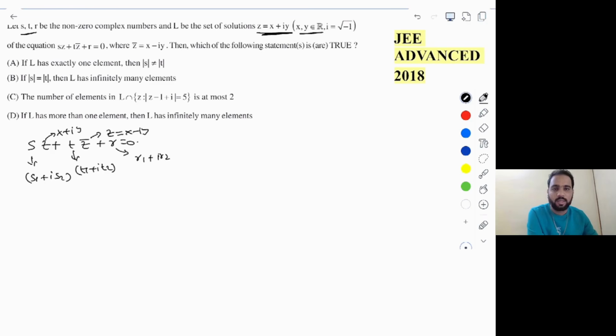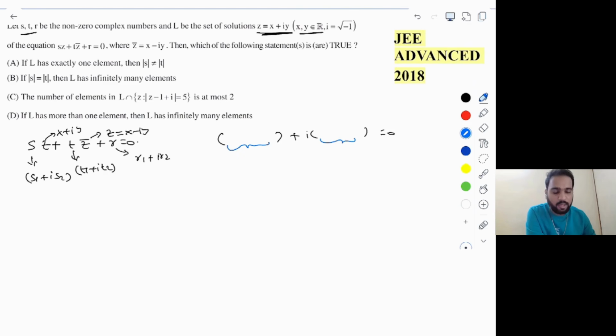If you substitute all these and separate the real and imaginary parts, you can notice that you're going to get two straight line equations. I'm not doing the calculation part; I'm leaving it to you because it is a derivation of this property.